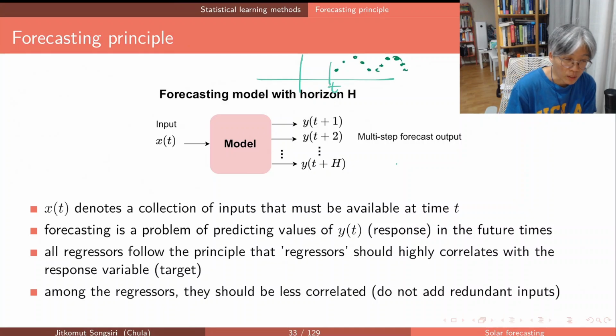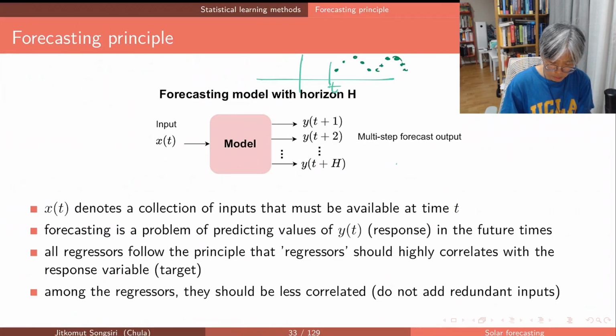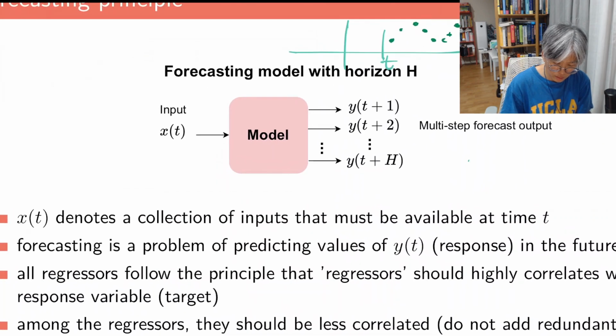But among the regressors, there should be less correlation, less dependence, because it means you don't add redundant inputs. Maybe you can think of something like if you want to predict the solar radiation.